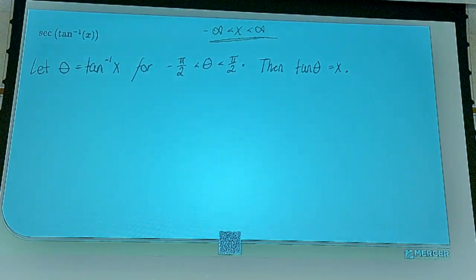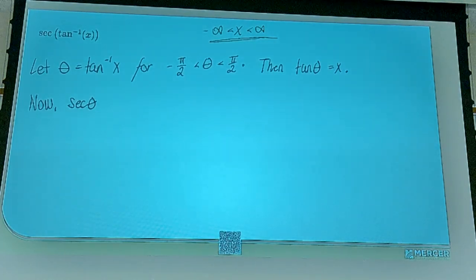Tangent theta is going to be x. Secant of theta, minus pi over 2 to pi over 2. Is secant going to be positive or negative? Agreed.